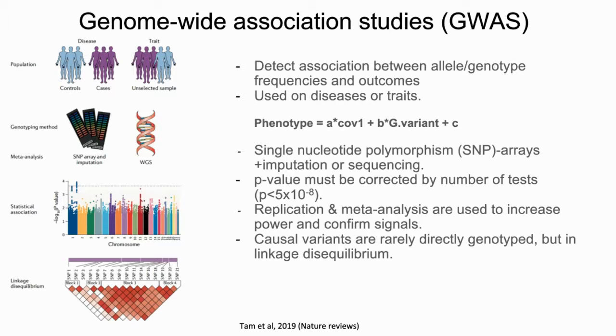So this is thousands or millions of SNPs, and that means we need to correct for significance, and usually you correct by the expected number of tests, which is the size of the human genome, so 3 billion, and that's how you get this p-value threshold for the standard significance.